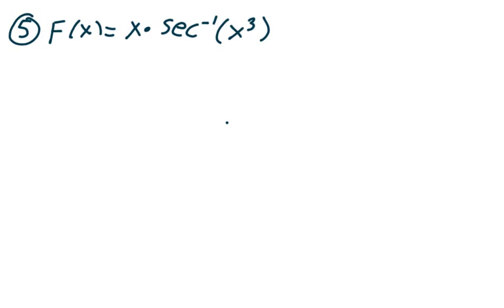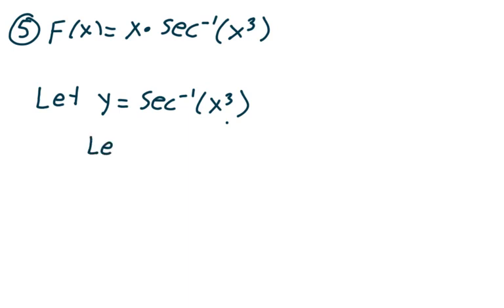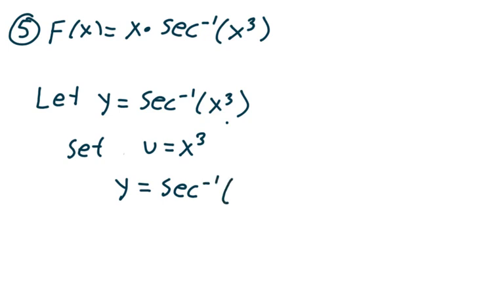Now, I'm going to start here. I'm going to let y equal the inverse secant of x cubed. We need to get a handle on that first. So my inside function, I'll use set, just to change up the wording. Set u equal to x cubed. So y is the inverse secant of u.